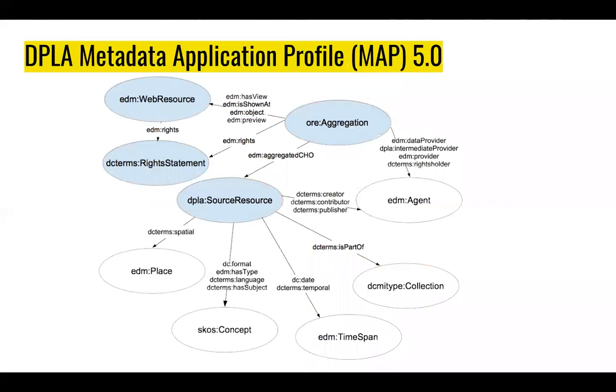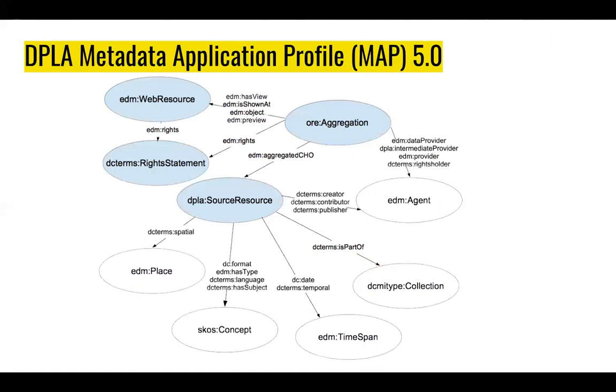This is what the bird's eye view of the whole metadata application profile looks like. The bubbles that are in blue are classes of properties, just groupings of properties in the record that are required. I'm going to go through what each of these bubbles represents in a minute.